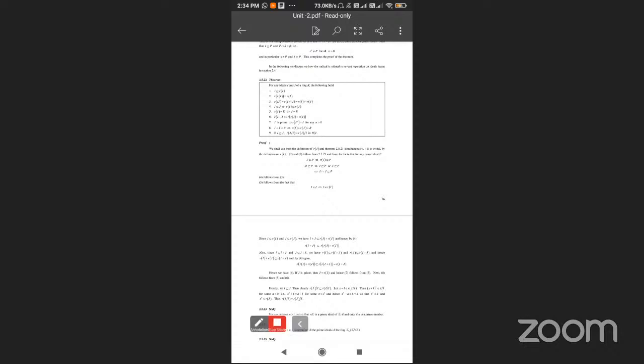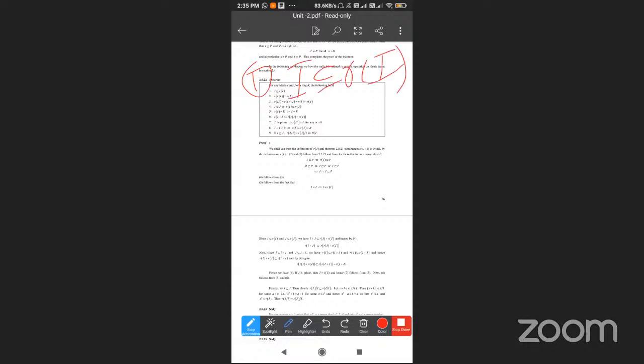The first part is trivial: I is contained in the radical of I. What is the definition?